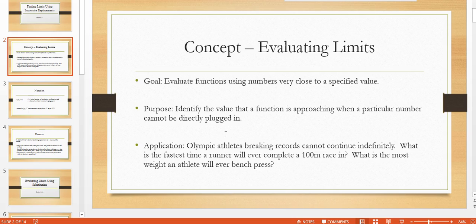of a second. So what's happening is, while there may still be some improvement and people are finishing certain races in slightly shorter amounts of time, the gaps between the previous years is getting smaller and smaller because there is a limit to how fast they can eventually run it, and there's a limit to how much an athlete could ever bench press. Even if they are occasionally adding a few more pounds here and there, they will never be able to bench press a building, for example.